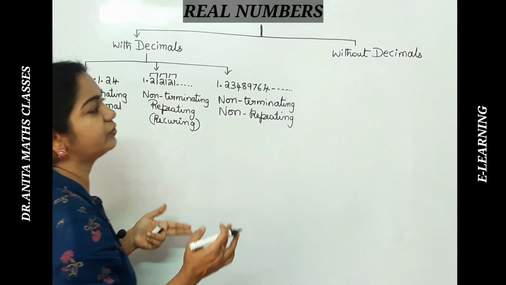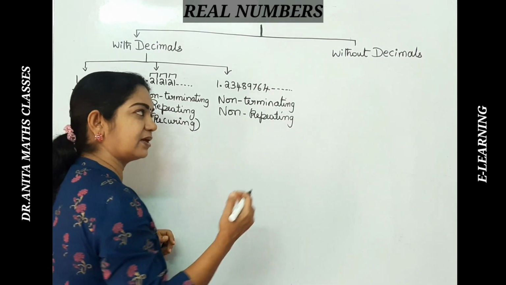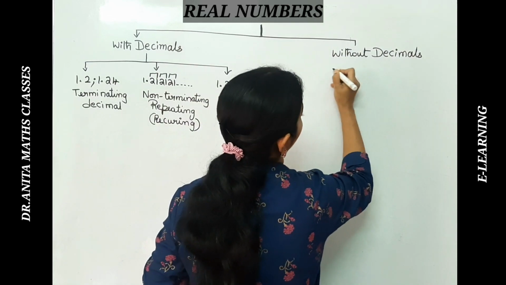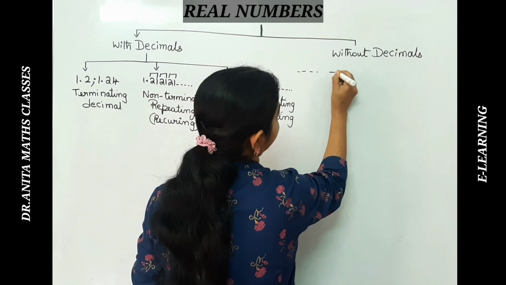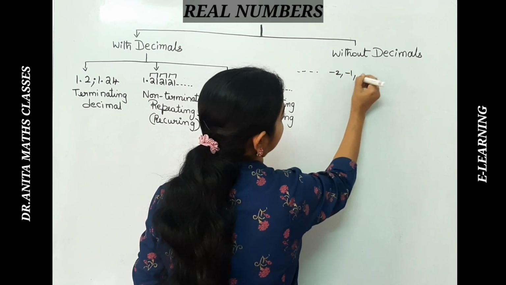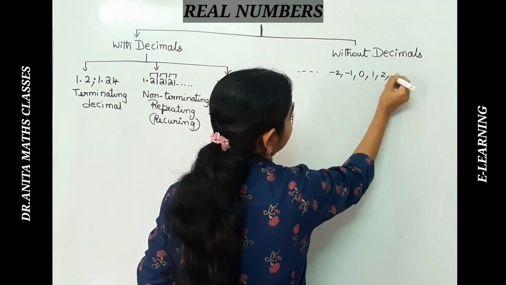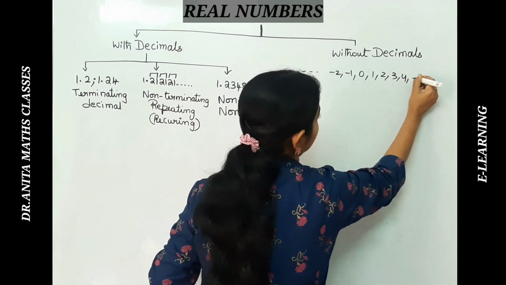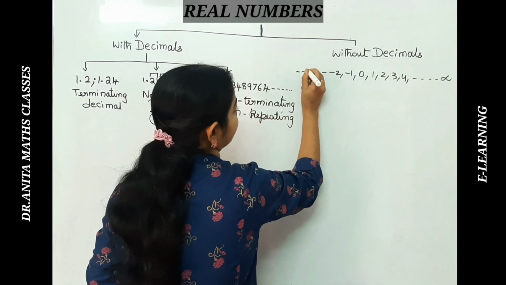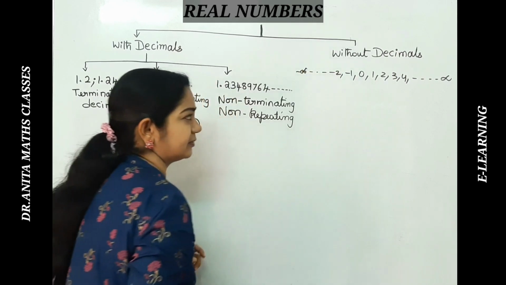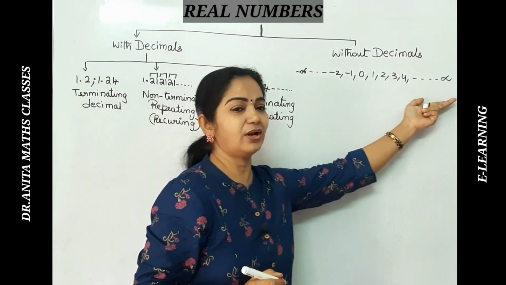Now moving on to without decimals, numbers without points. We can write like this: -2, -1, 0, 1, 2, 3, 4 and so on, till infinity, and here minus infinity. Such numbers are all integral numbers.